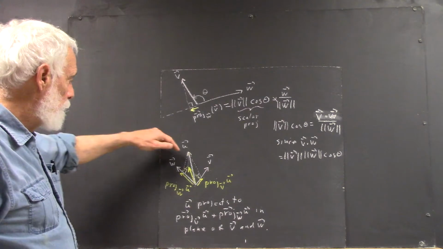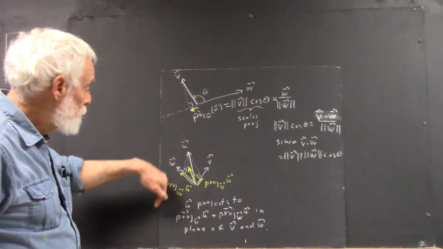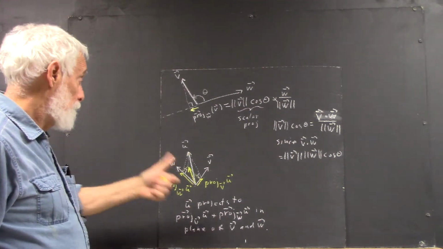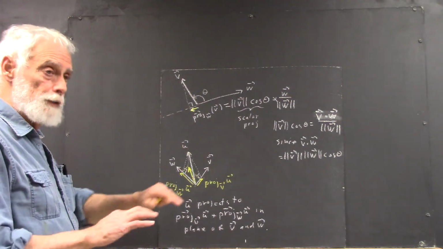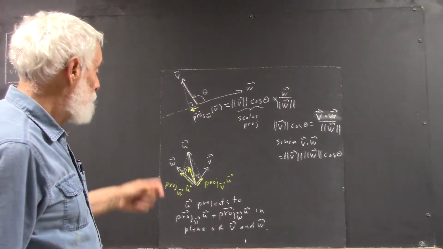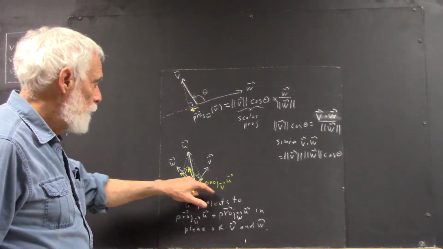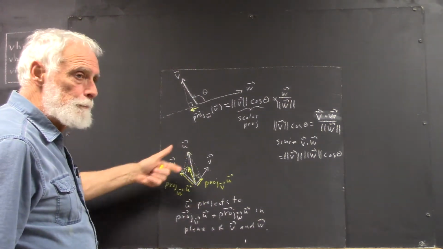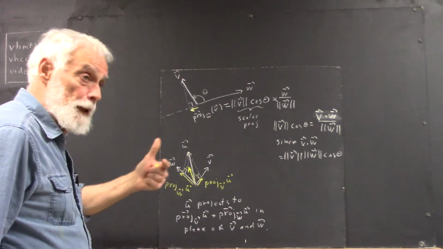We're projecting a vector into a subspace, okay? We can similarly project a vector into a subspace spanned by any number of vectors, just by adding the projections onto a set of vectors that span the space.